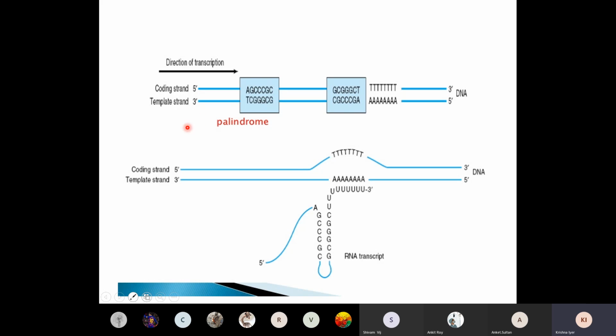When RNA polymerase comes in and reads this strand, it will first read this, then read this, and make these two sequences which are palindromic. Then it reads the A's and I get a whole bunch of U's, because when RNA is made and A is read, I end up getting a U. So now I have this very unique structure: RNA, then a stem loop structure, and then a string of U's.